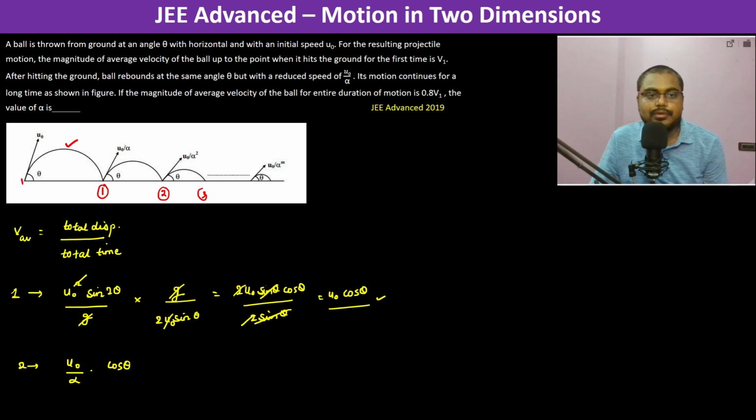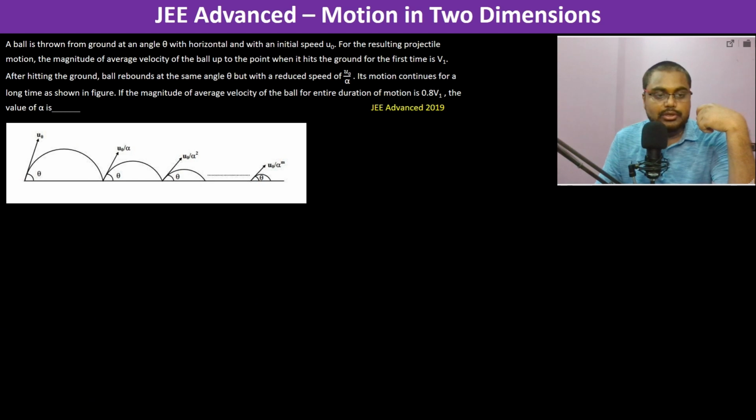Now what has to be found out is if the magnitude of the average velocity of the ball for the entire duration of motion is 0.8 v1. Okay, so average velocity we know. So now what we have to do is basically this is for the first one, this is for the second one, but now we don't have to calculate for each and every one, we have to calculate for all together everything. So therefore it's going to be total displacement.